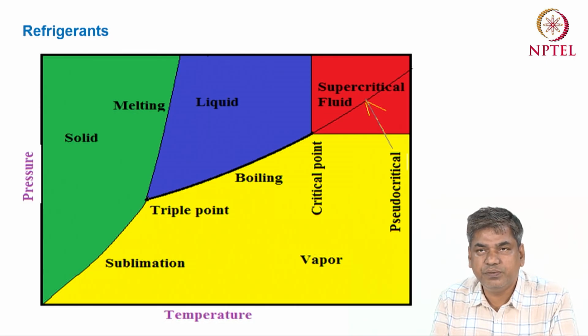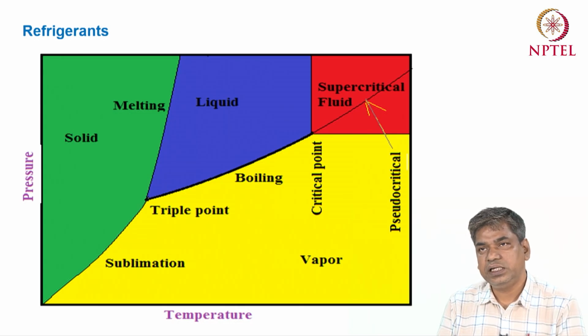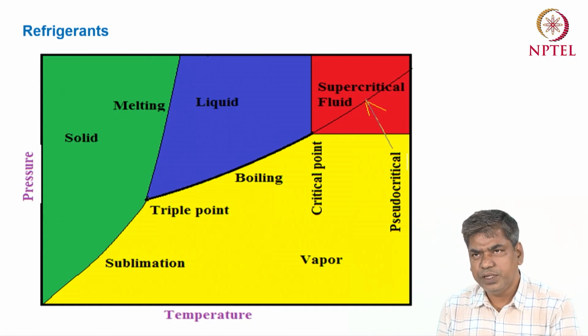We have seen for the transcritical CO2 refrigeration cycle, the heat rejection pressure is higher than the critical point pressure. So in that case there is a conversion between liquid and vapor without any latent heat of evaporation.